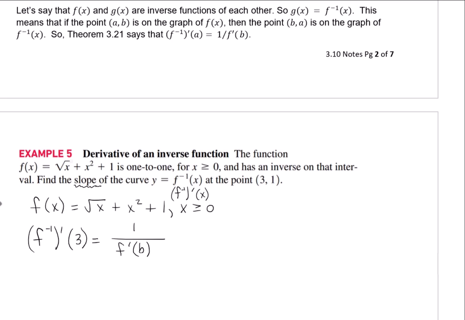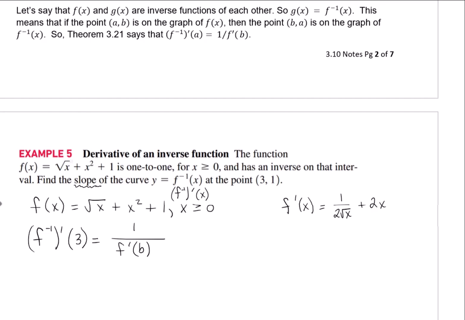Okay, so we're going to come over here and we'll find f prime of x, just the first derivative of the function. So this is going to be 1 over 2 square root of x plus 2x, and the derivative of 1 is 0. So there is our derivative of f.